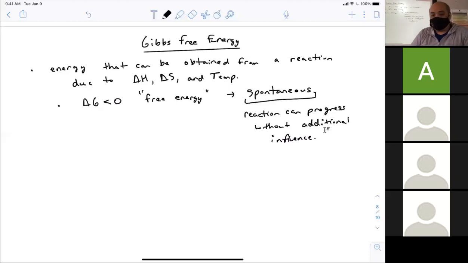Now, temperature is not one of the additional influences. If it happens at a hot temperature, you don't have to think about maintaining that temperature. You're assuming that temperature is maintained externally. So if you say it has to be spontaneous at 500 degrees Kelvin, it must take energy to keep it at 500? No, you're assuming that's part of the environment, so you don't have to worry about maintaining that temperature. That's just part of the conditions.